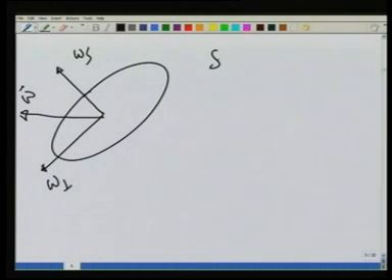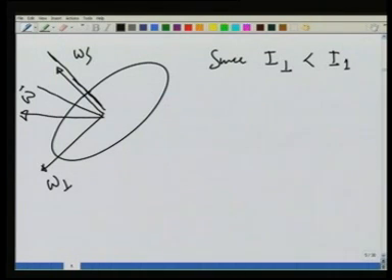Since I perpendicular is less than I1, the spin axis, so this I is larger, I omega s would be slightly larger, and therefore, you can see that L would be between vector omega and the spin axis.